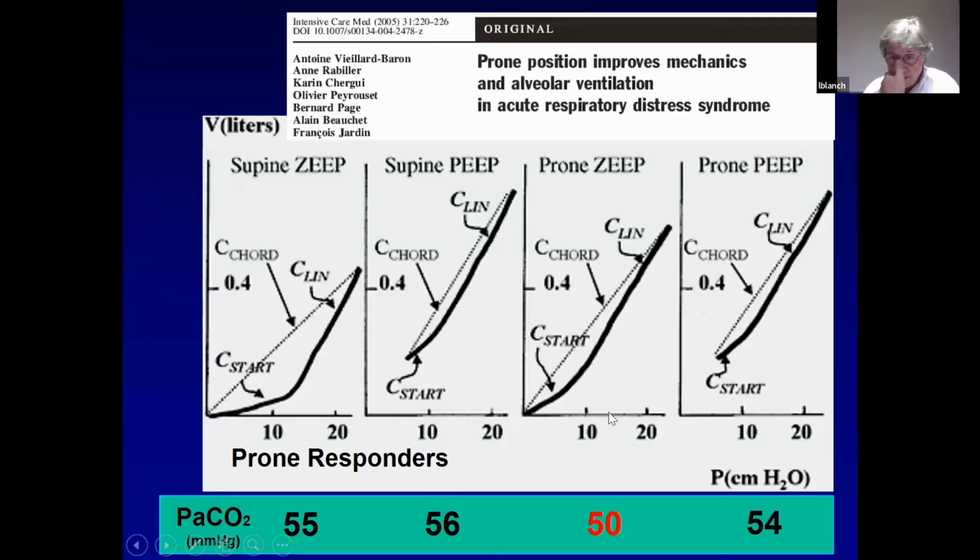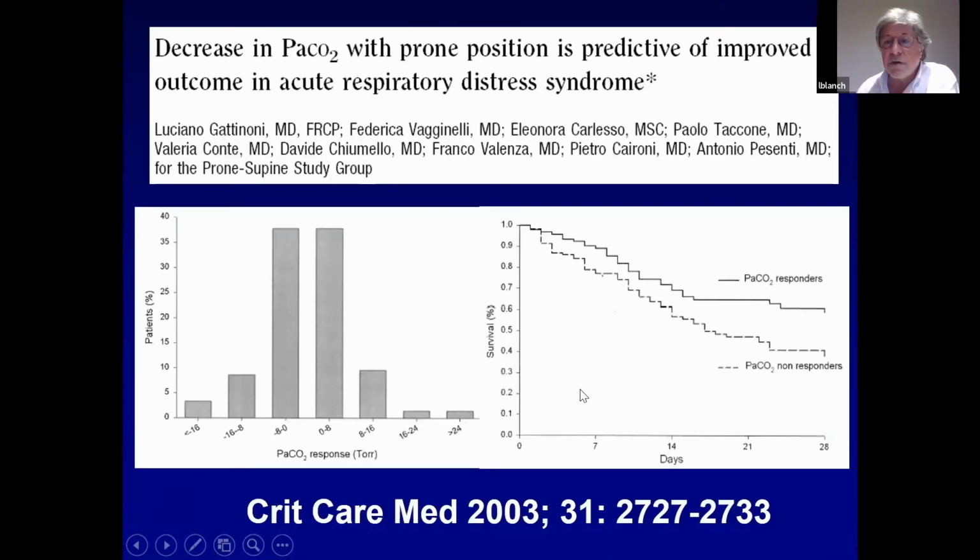Prone position, again, is interesting because in that condition, we have evidence that just turning the patient, sometimes the PaCO2 goes really down, and this is because we have improved the V/Q of patients in prone position. That's why with prone position, even if there is a small improvement in oxygenation, we need to look at the PaCO2 because it is probably a marker of outcome, as described in that paper.